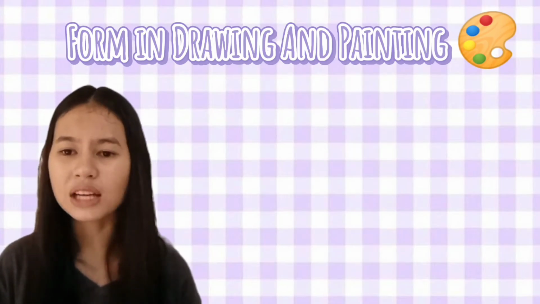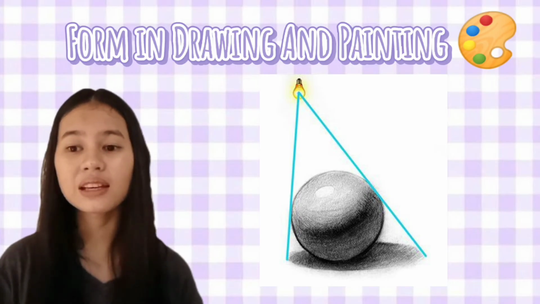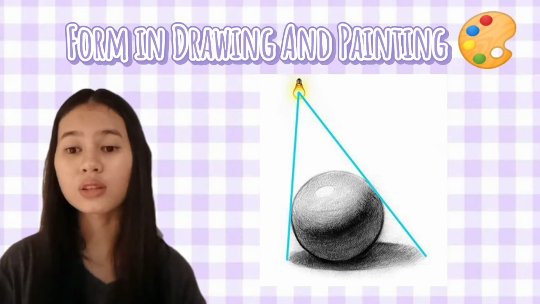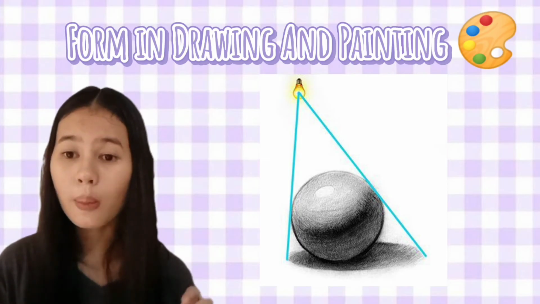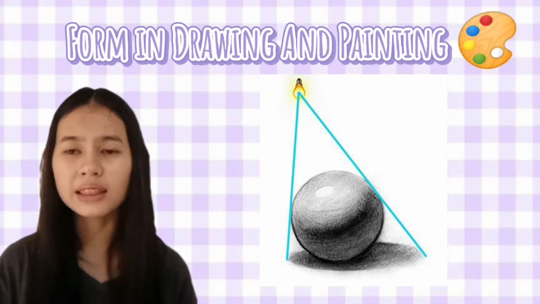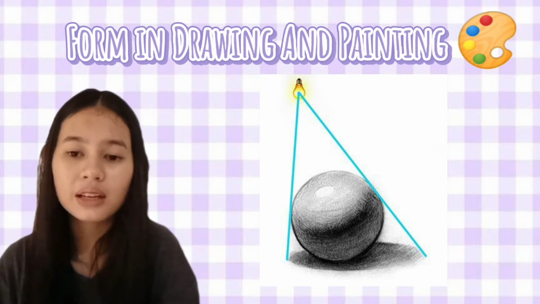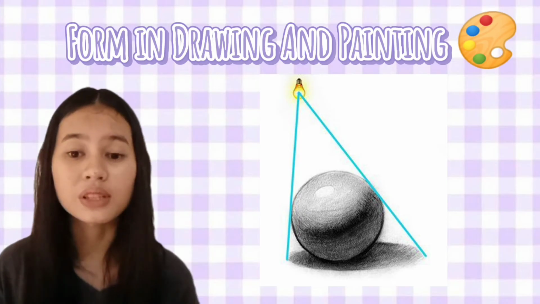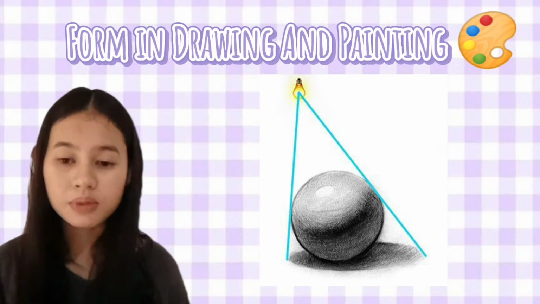For example, assuming a single light source on a sphere, the highlight is where the light source hits directly. The midtone is the middle value on the sphere where the light does not hit directly. The core shadow is the area on the sphere that the light does not hit at all and is the darkest part of the sphere. The cast shadow is the area on the surrounding surfaces that is blocked from the light by the object.